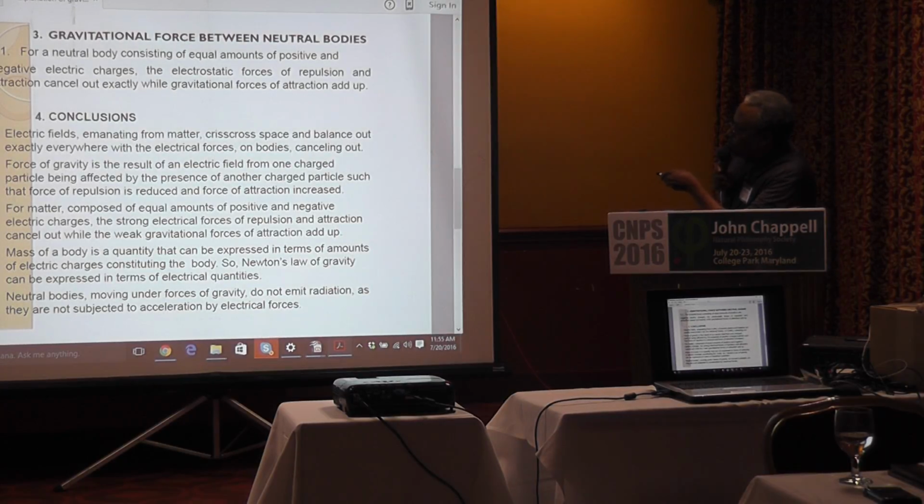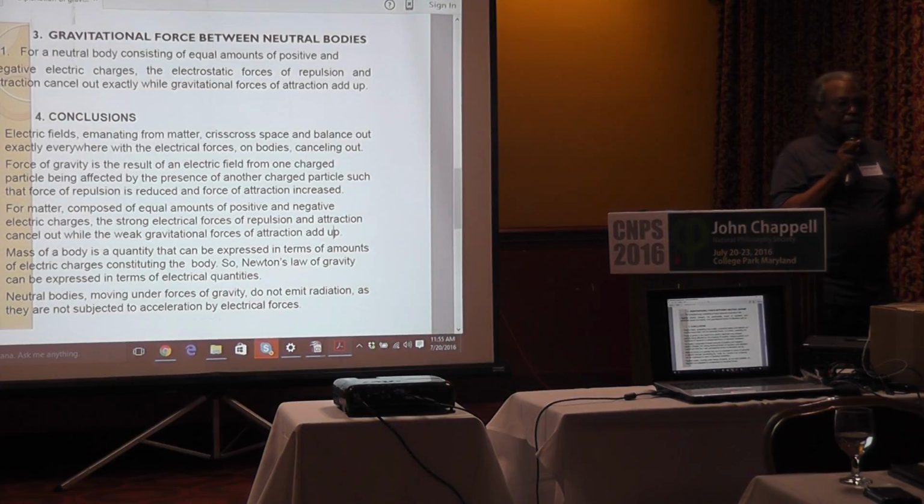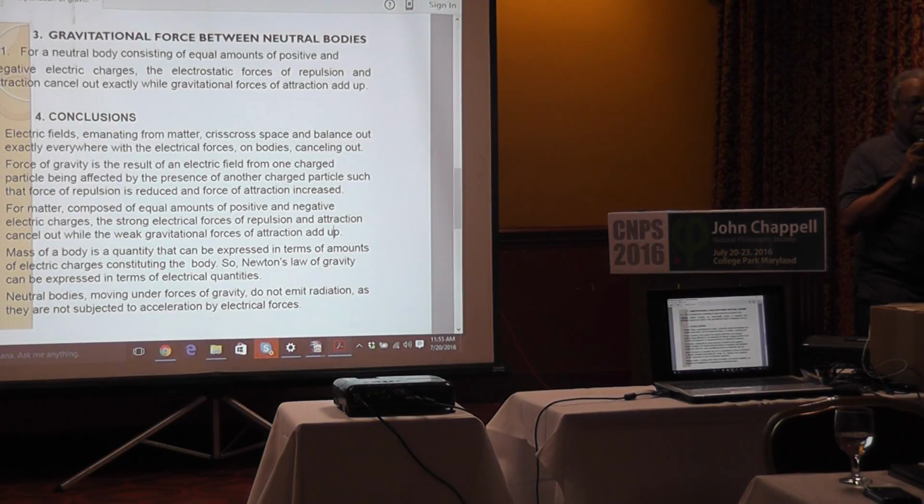As I said earlier, between neutral bodies, no electrical forces remain, cancelling out exactly, where the gravitational forces remain. Neutral bodies do not emit electric field. So we have massive bodies like the Earth moving around the sun without any electrical radiation.